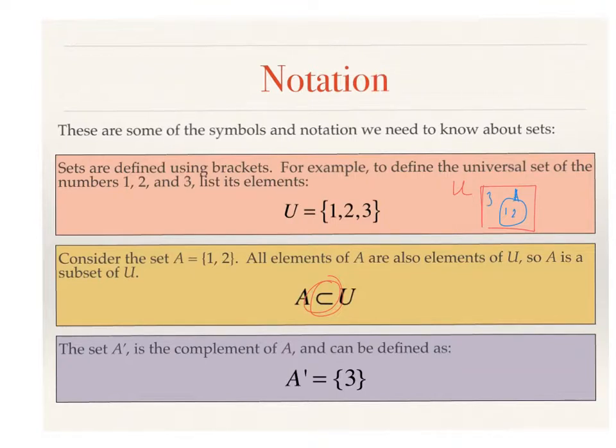When something is completely inside another set, the way A is completely inside U, you write A is a subset of U, like that. You could write it out as words, or you just write it in shorthand. The one that's inside goes first. You're saying A is inside U.